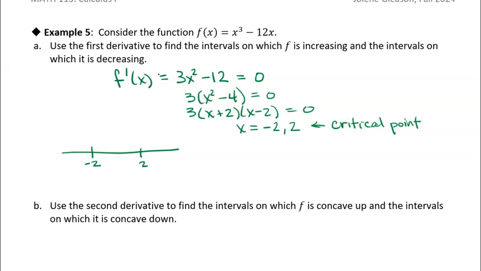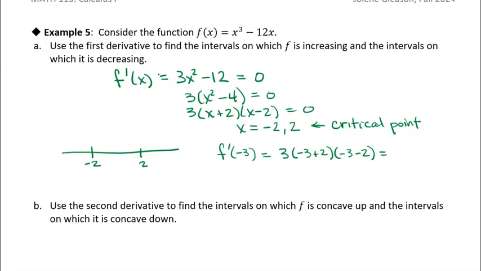And then pick a point in each part of the domain. Imagine this is the x-axis, and we want to pick a point that's less than -2. So maybe we evaluate f prime at, say, -3. Again, I like to use the factored form: 3 times (-3 plus 2) times (-3 minus 2).